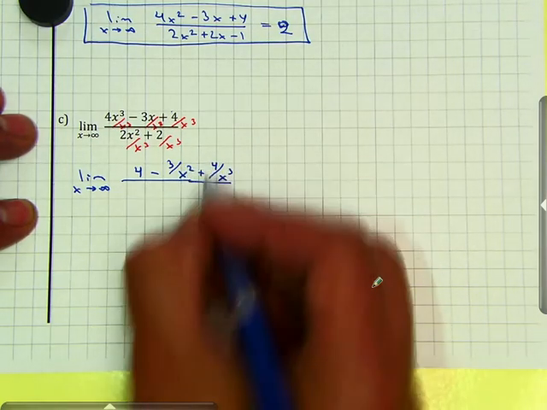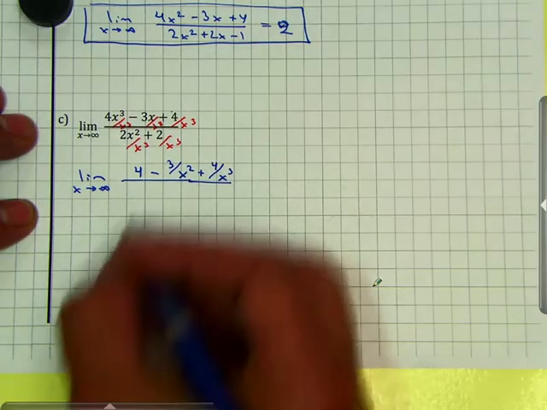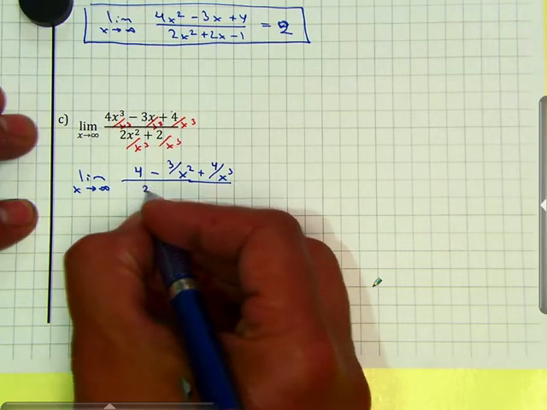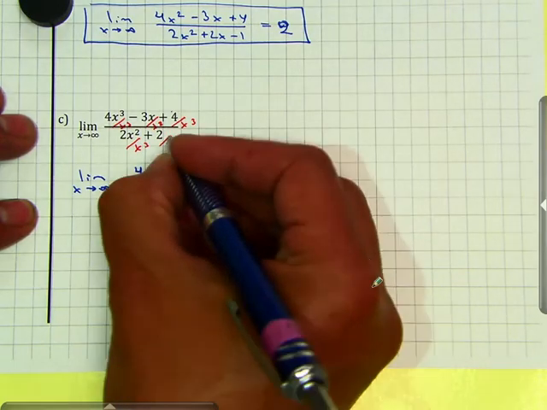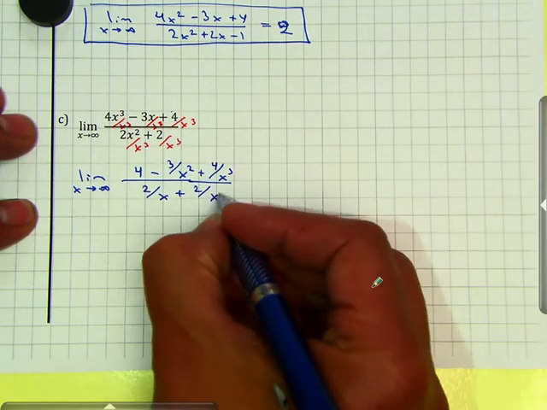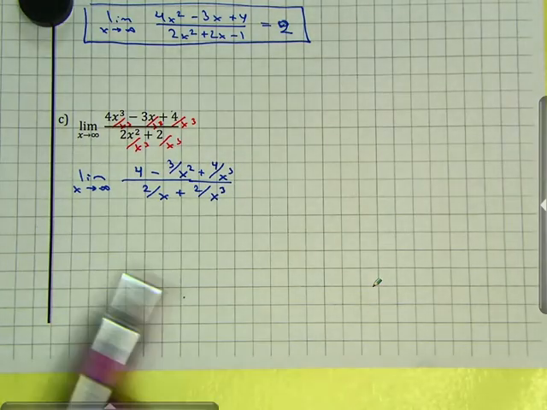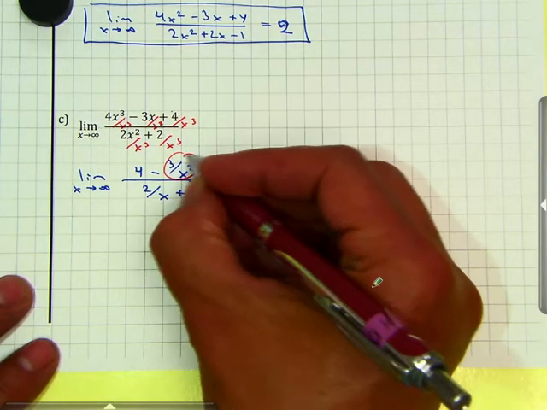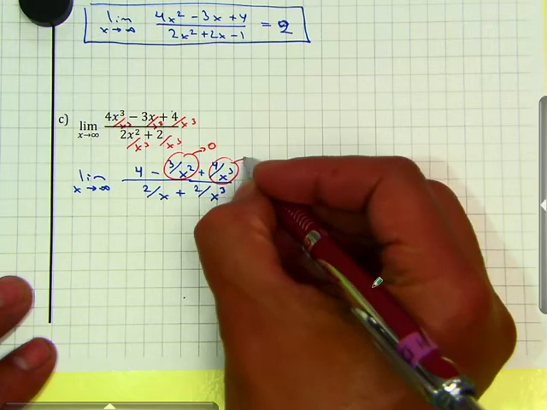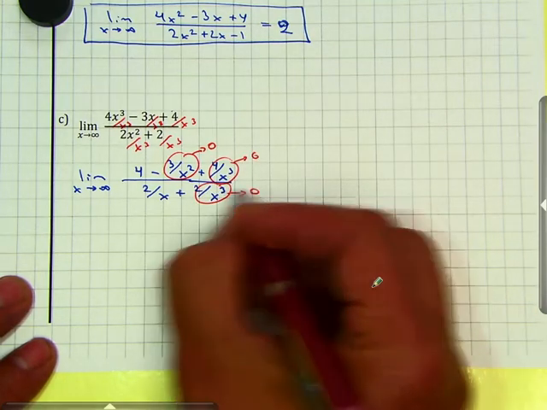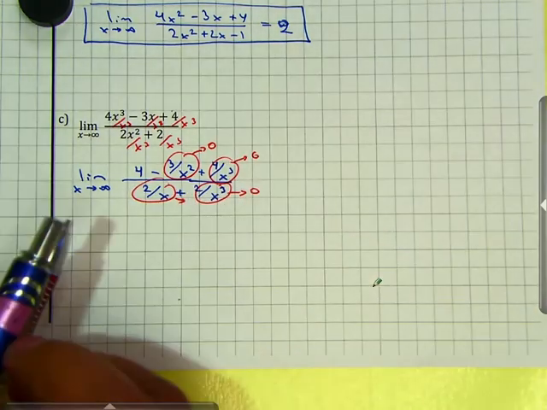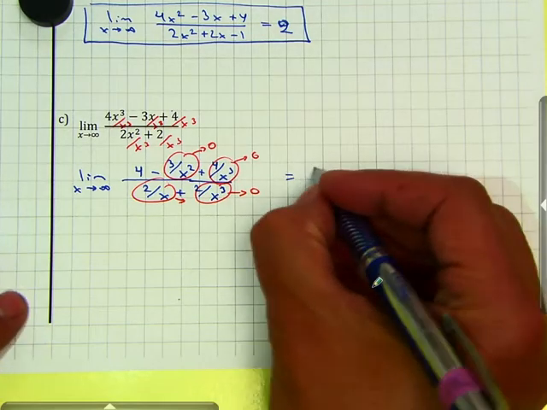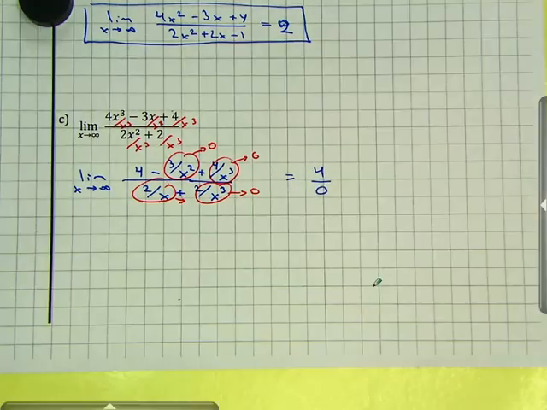In this case, x squared, correct? 2 x's cancel, so I end up with 2 over x, and nothing cancels, so 2x to the third power. So therefore, this becomes 0, this becomes 0, this will become 0, this becomes 0. So I end up with 4 over 0.